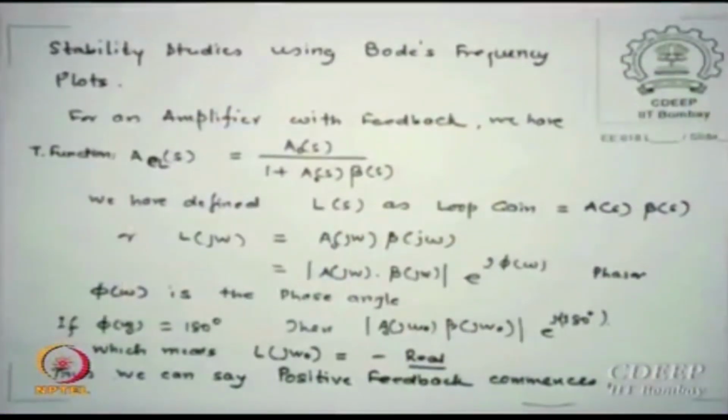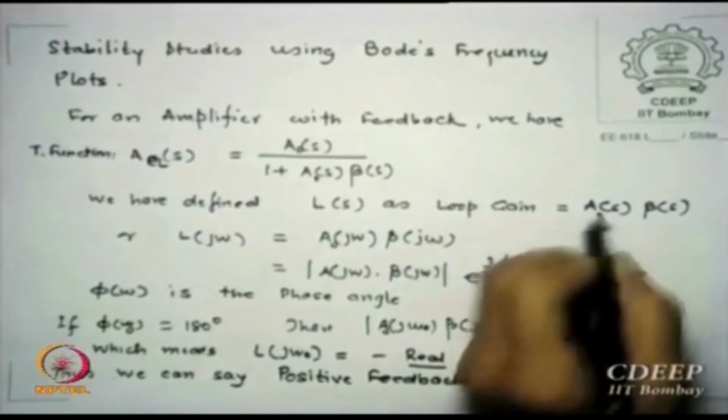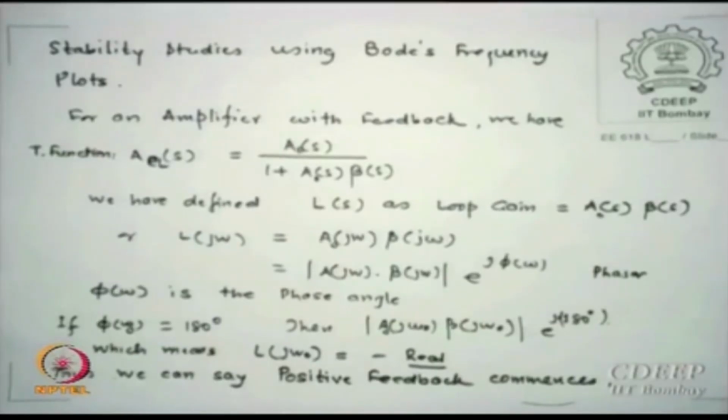We also defined that the loop gain is A(S) times B(S), call it A0 if you wish. I think that 0 stands for open loop gain, not the DC gain, it is an open loop gain, maybe you should write OL. Then at any frequency the loop gain can be written as A0(j omega) into B(j omega), and in phasor form, I suppose all of you know phasors, the magnitude times e to the power j phi(omega) is the phasor representation of this function, where phi(omega) is the phase angle.